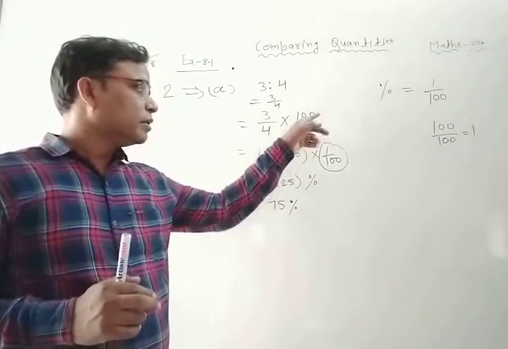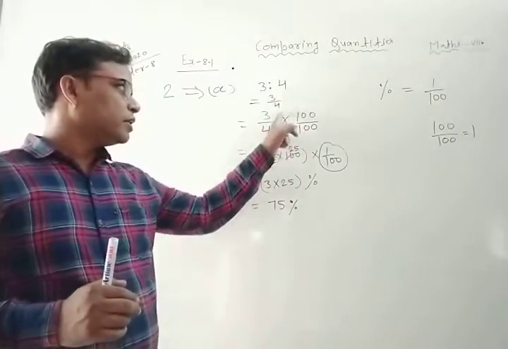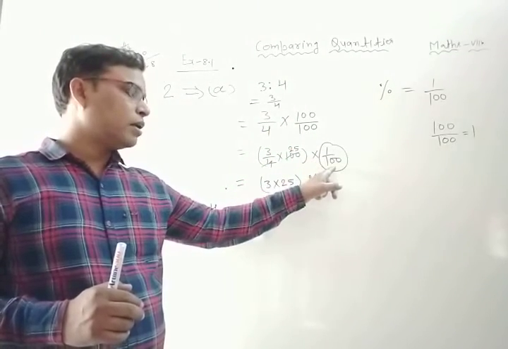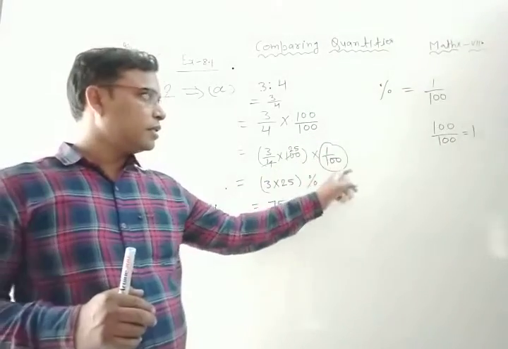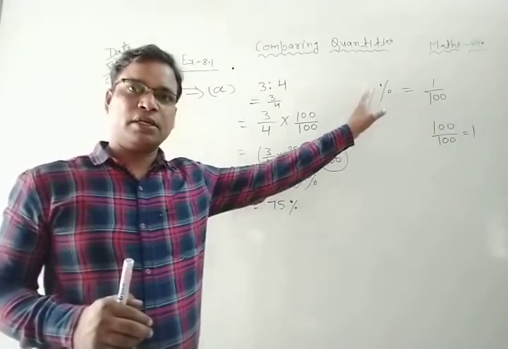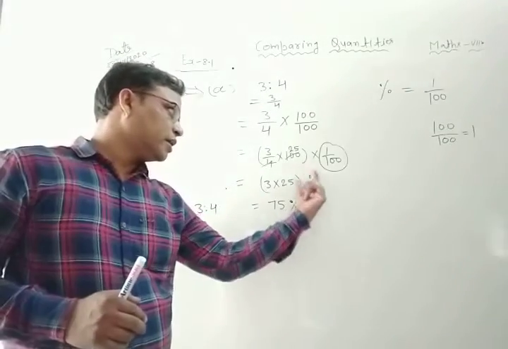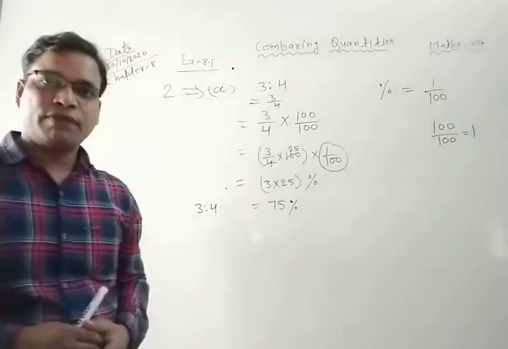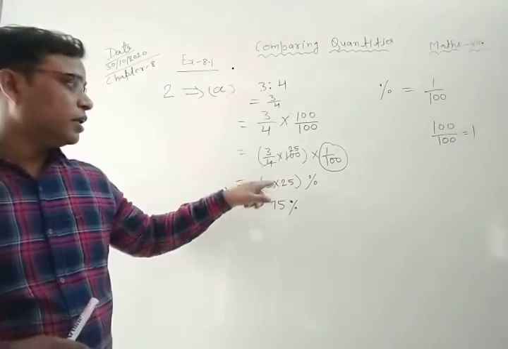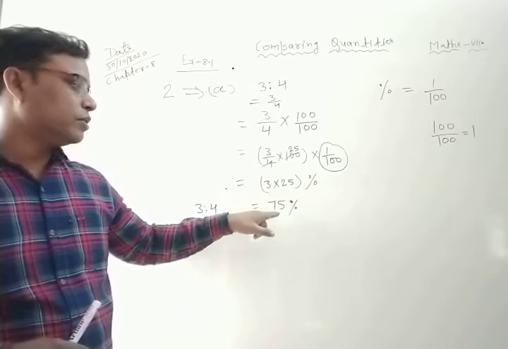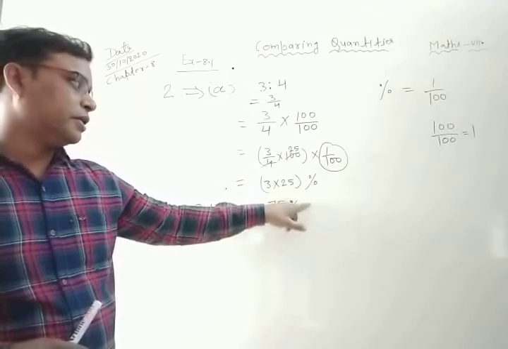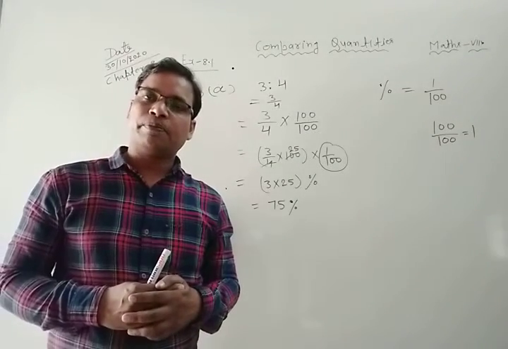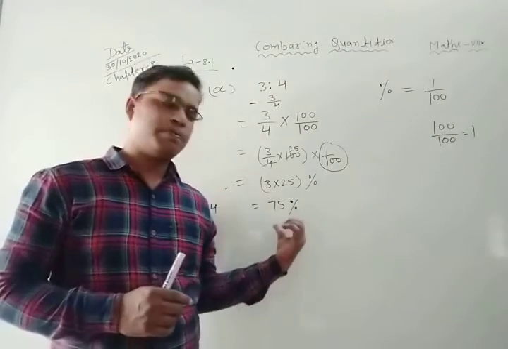So 3 by 4 into 100, and this 100 we write as 1 upon 100. 1 upon 100 becomes percentage. If you divide 100 by 4, then you obtain 25. So here we have 3 into 25, which is equal to 75 percent. So in this way, when we convert 3:4 into percentage, it is equal to 75%.